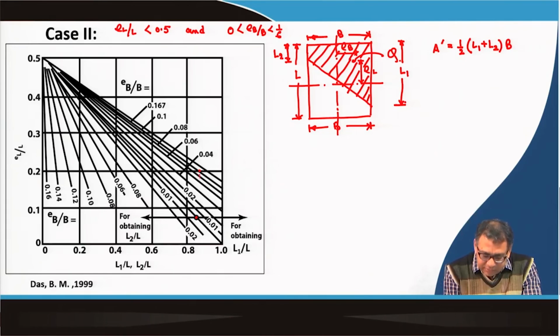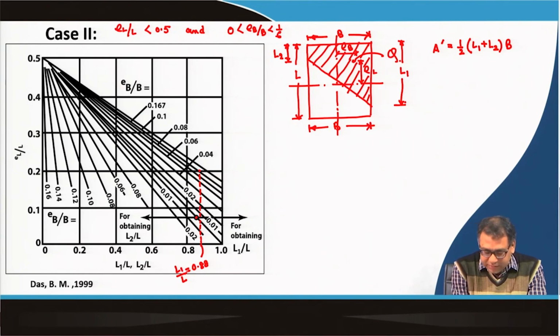I will get this value around 0.88. As I am going towards the right side direction, this will give me L1 by L.